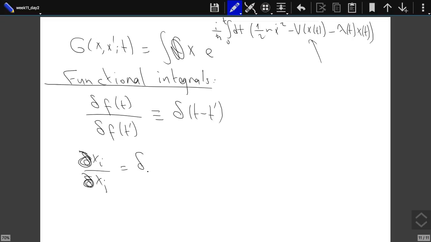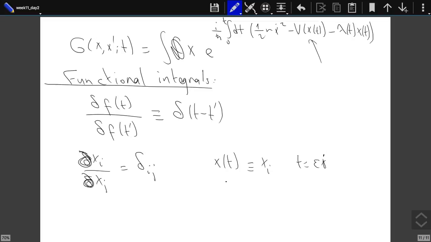But remember, we had defined x of t to be x_i, where t was epsilon times i. So if you take the limit that epsilon goes to 0, the Kronecker delta just becomes the Dirac delta. Now this x_i is nothing but x of t, or f of t, and x_j is nothing but x of t prime.